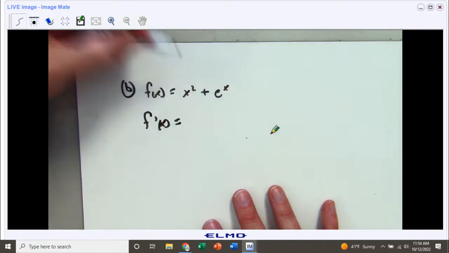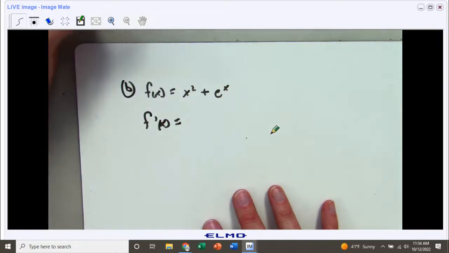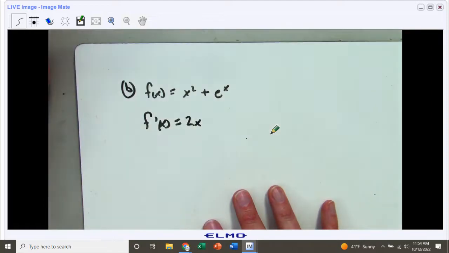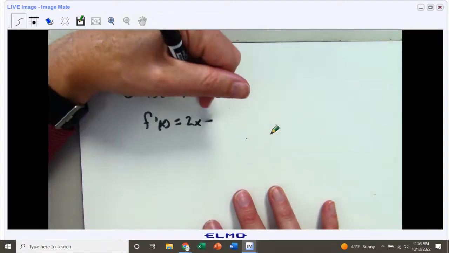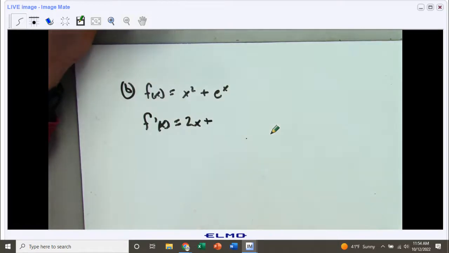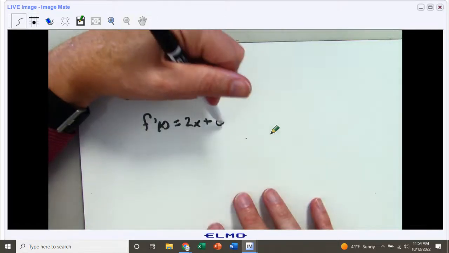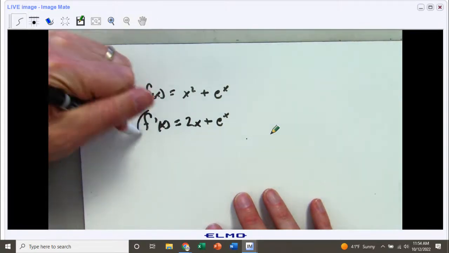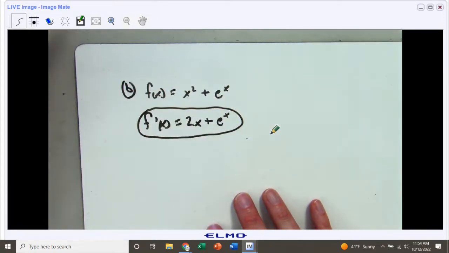Well, this is just x squared. It's not sine and cosine or e. So we'll just handle that using the power rule. So that's going to be 2x. And then we'll take e to the x power and find the derivative of that, and we have just discussed that this is just e to the x power. So there we go. That one's all done.